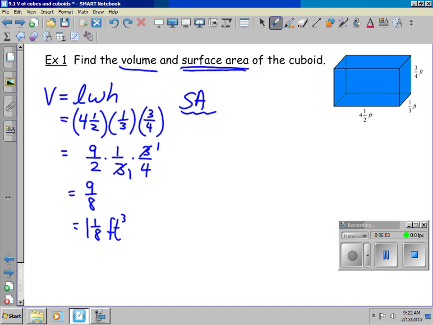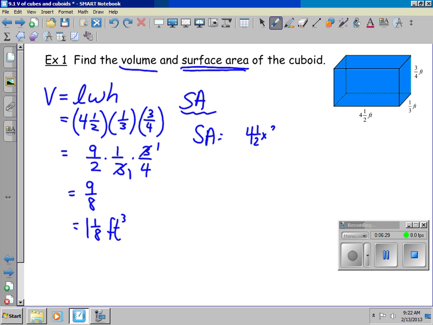So SA is an abbreviation for surface area. And this is my strategy that I usually use, and it's similar to what they do in the textbook. Take a face at a time. Let's talk about the front face of the box. What are the dimensions I have to multiply together to get the area of the front face of the box? Ethan? 4 1/2 by 3/4.